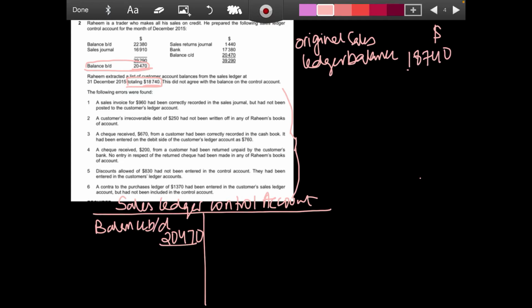So these two balances do not match, so we have to adjust the following errors so that both balances match. So we will start.